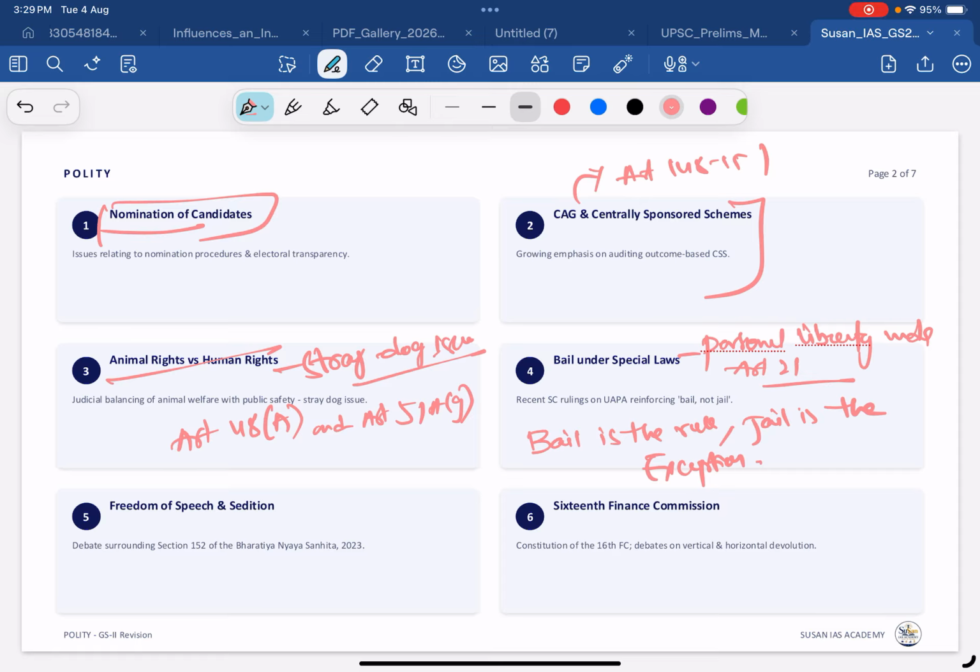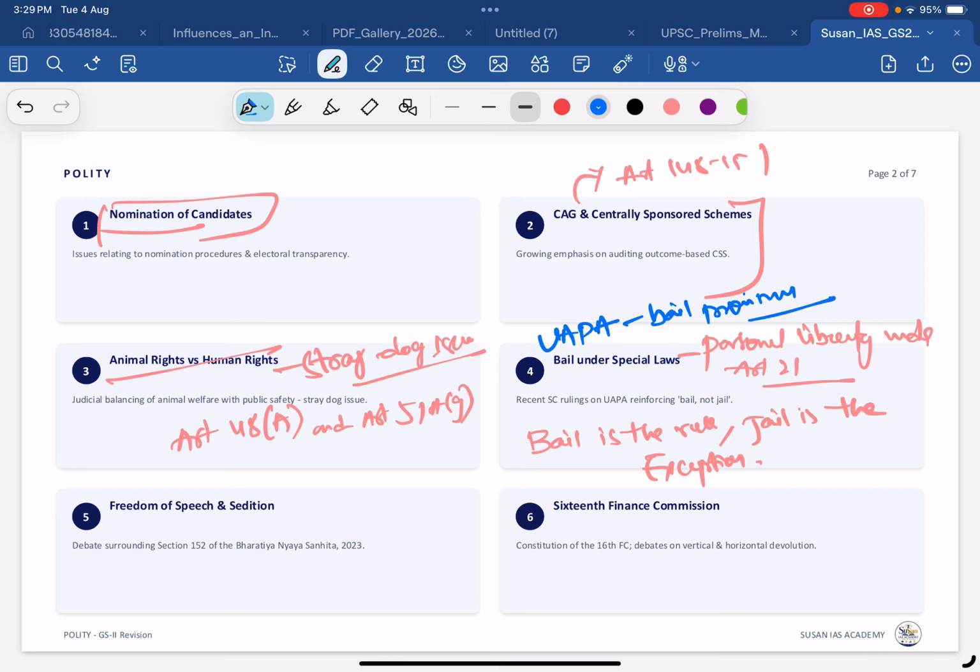And what are ordinary bail versus stringent special law bails, and recently many cases under UAPA. So under UAPA, what are the bail provisions? One has to refer to that, right? And presumption of innocence, prolonged incarceration, speedy trials, and what are the recent Supreme Court judgments about bail. And also issues of liberty and national security, right? So you should cover these dimensions under bail under special laws, right?